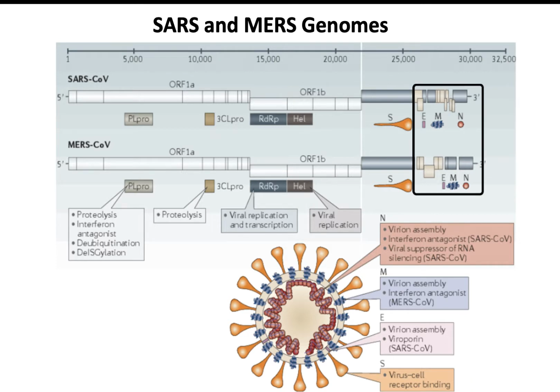And then some of the other genes at the end, E, M, N, and some of the other pieces there are also surface proteins to maintain integrity of the virion, as well as interact with the immune system to disable it, essentially. So the coronaviruses stimulate some interactions of the immune system while they inhibit other functions of the immune system.